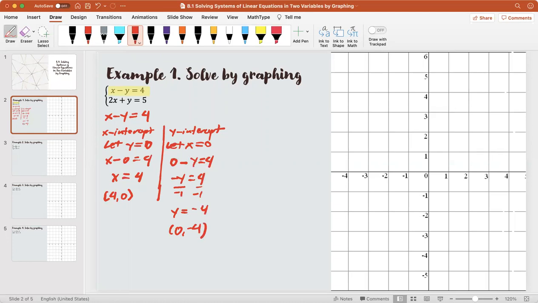So let's plot these points. (4, 0) is somewhere here. It's actually there, (4, 0). How about (0, -4)? In your y-axis here. And then we connect these two points. Let's connect them.